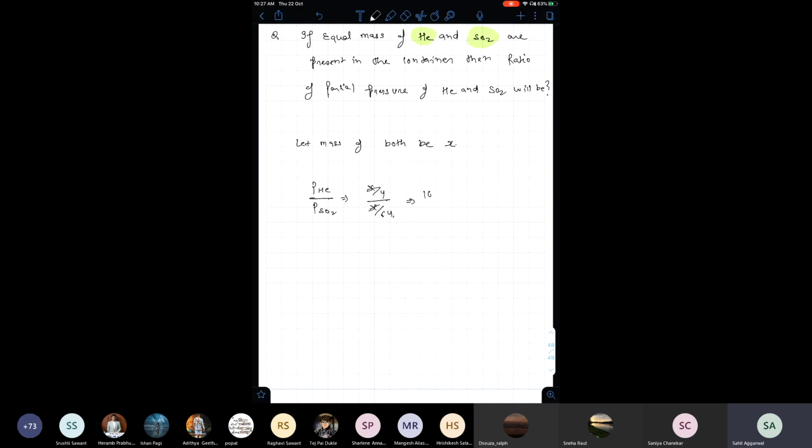It will come out to be 16 by 1, that is 16 is to 1. That will be the answer.